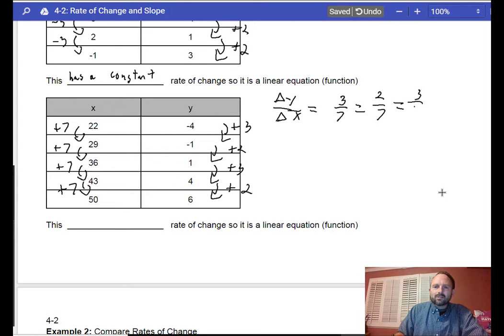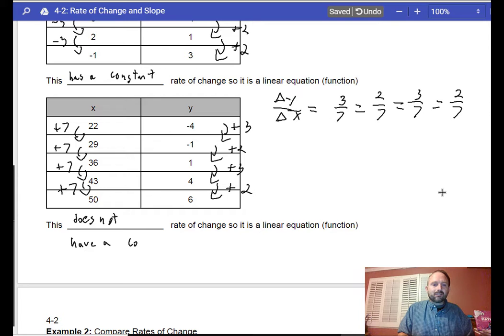It looks like it's trying to tell us, hey, these are going to be the same, but if we know fractions, we know 3/7 is not the same thing as 2/7. So this does not have a constant rate.